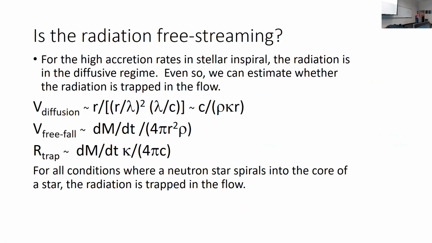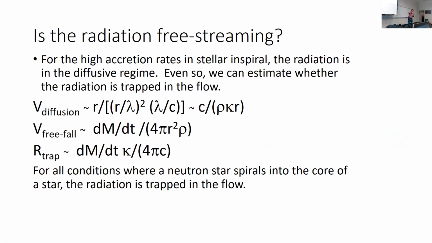I'm in the diffusion limit, so the time it takes is just a random walk. I can derive a random walk calculation for how quickly a photon gets out, and what the photon's average velocity is. So you can put it in terms of a velocity, the velocity of the photons through diffusion. How fast are they moving outward?